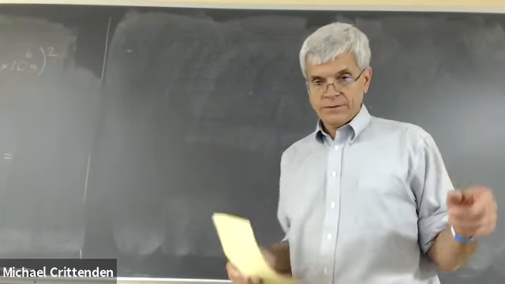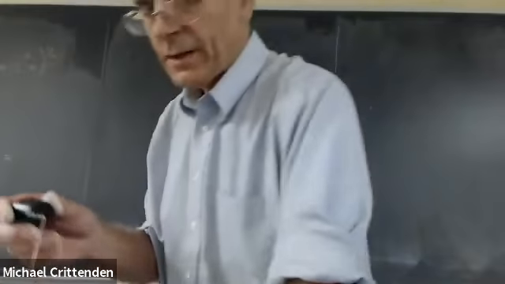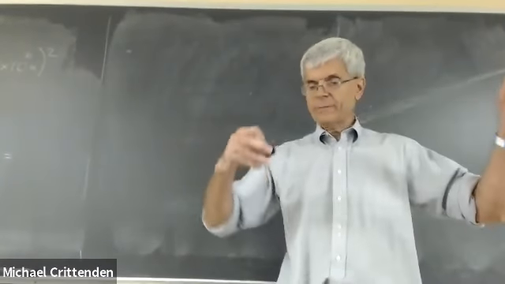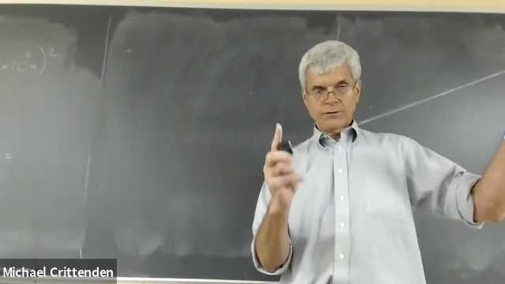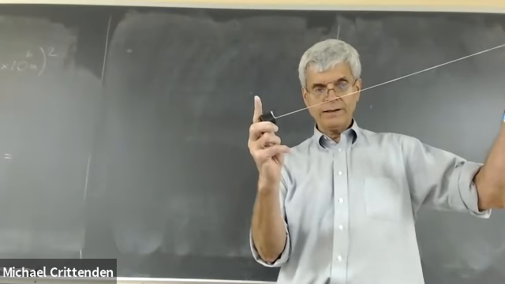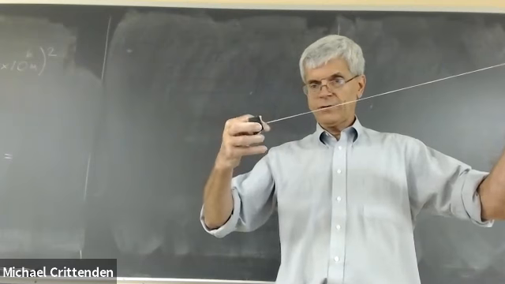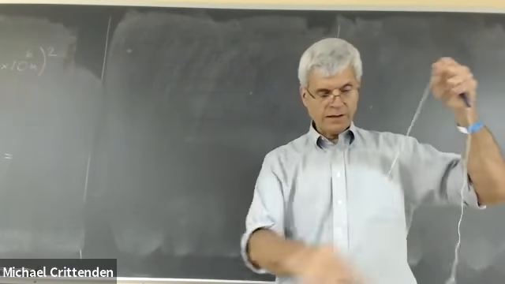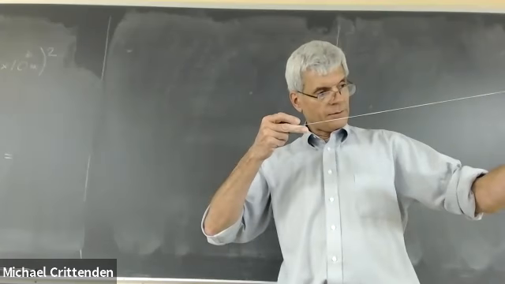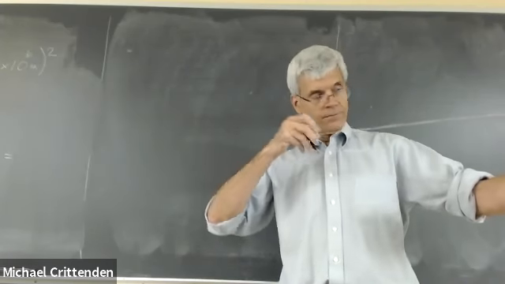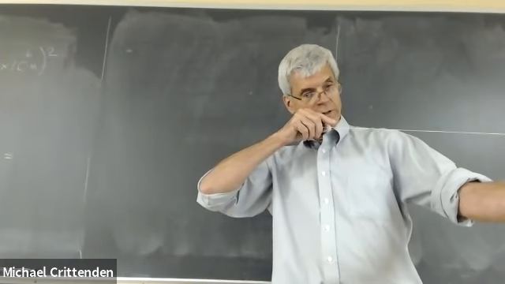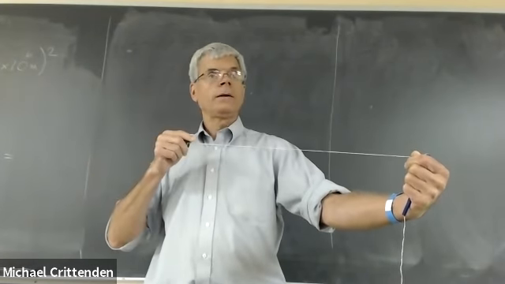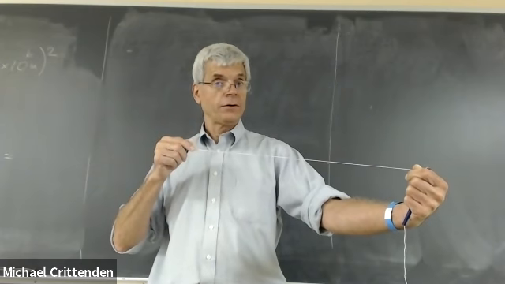Yes, because as that cork goes around in a horizontal plane, there's gravity pulling down and a Y component from the string pulling up. But as far as any forces in a horizontal plane, there's just the tension in the string. The tension in the string points straight toward the center, and central forces produce no torque.